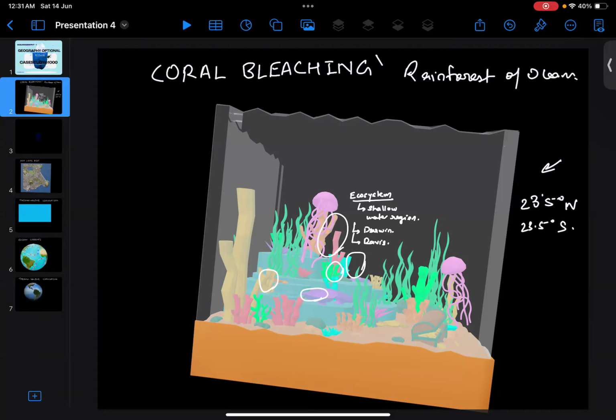The thermal resilient zones, the Raja Ampat region and the Red Sea, are where the bleaching was very, very high.